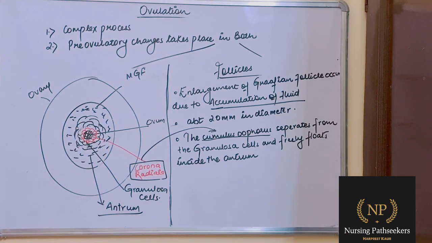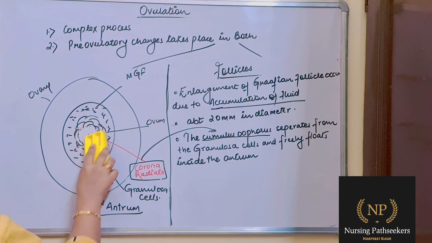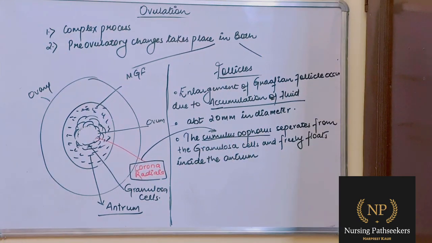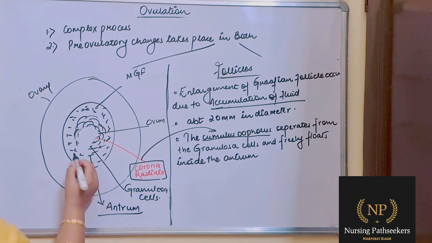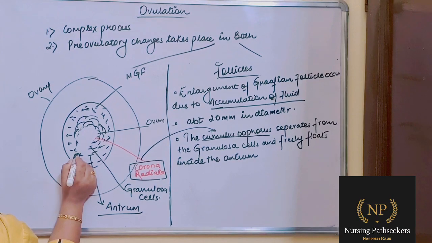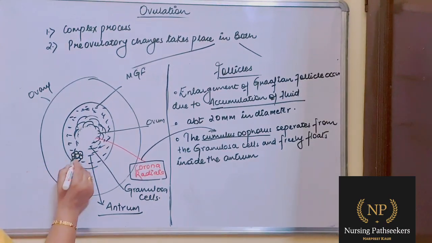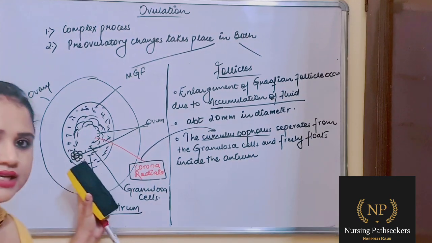Now these are the granulosa cells, and this cumulus oophorus will separate from the granulosa cells and will float freely inside the antrum. Right? This part. Is it clear till here?